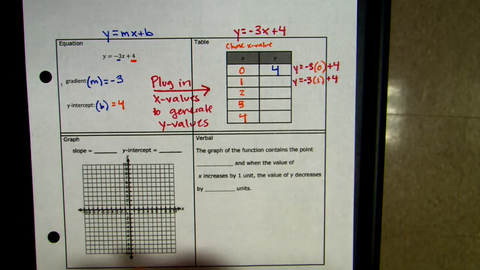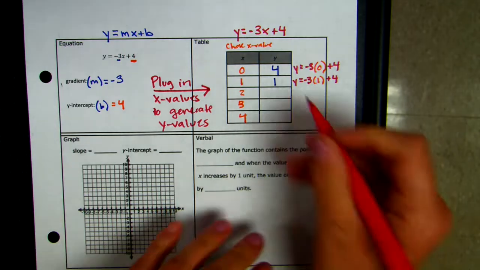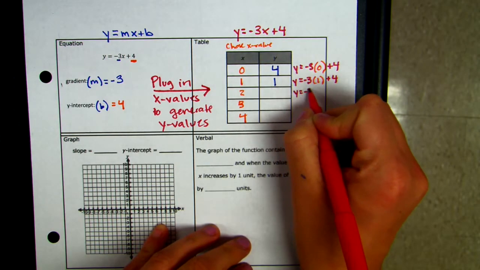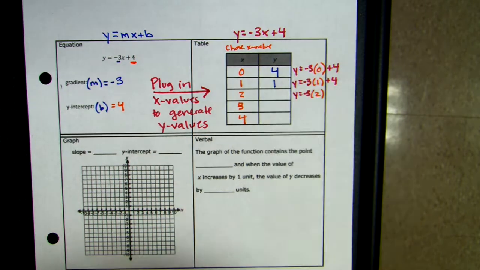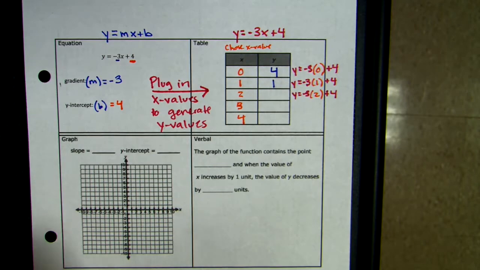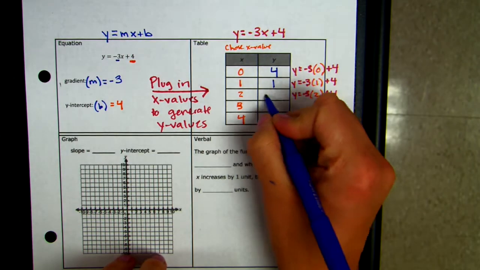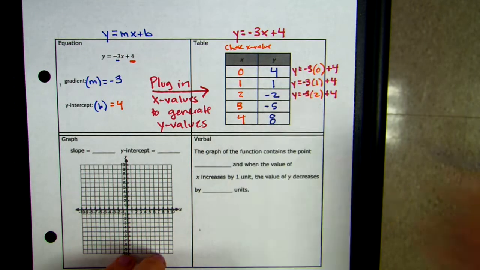Okay? So I'm essentially just going to repeat this process for every single one, where each time I'm just plugging in my new x value. So if I do that with every single one of these, this is my table of values.